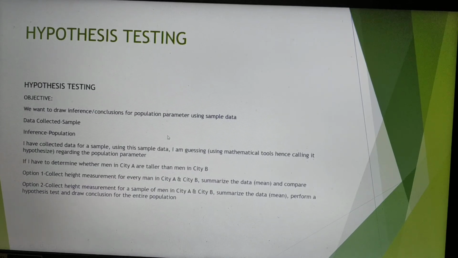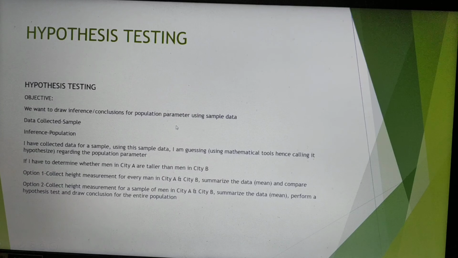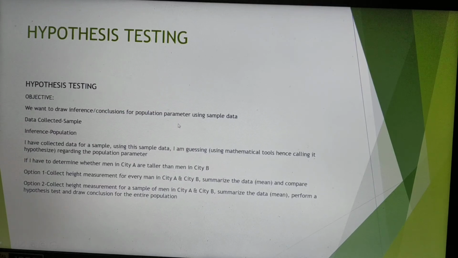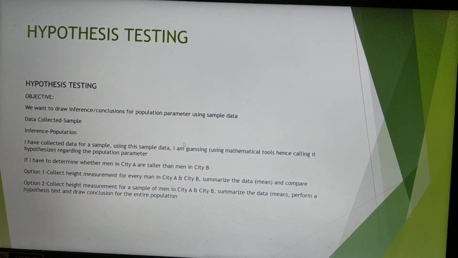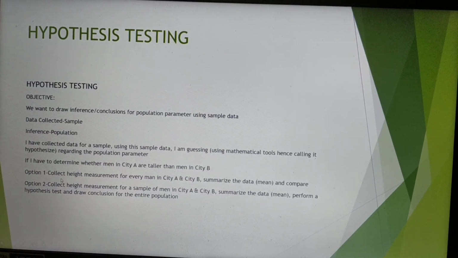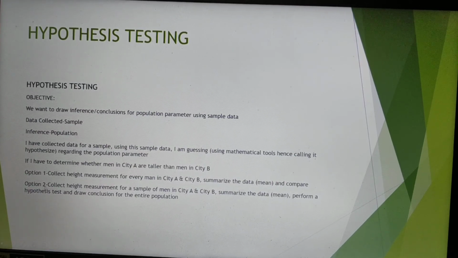So we'll collect height measurements for a sample of men in city A and city B, summarize the data, perform a hypothesis test, and draw a conclusion for the entire population. Now we can easily see that the effort required for option 1 is way too high, and the procedure would be quite cumbersome, time-consuming, and money intensive compared to option 2.